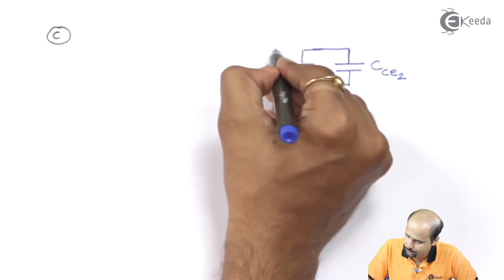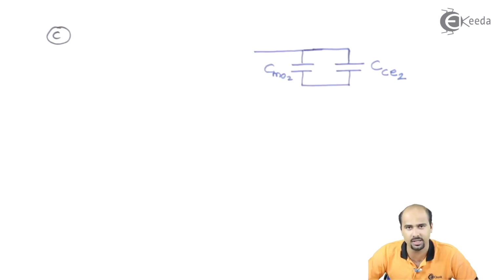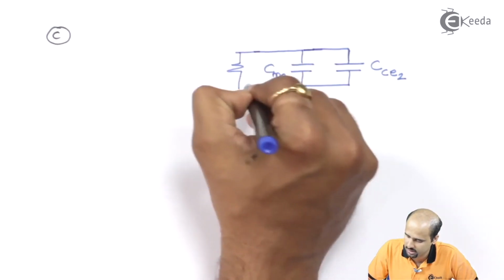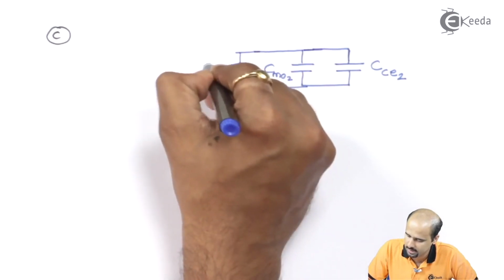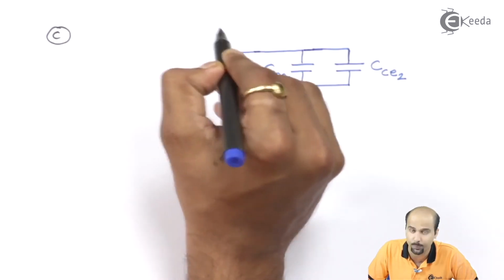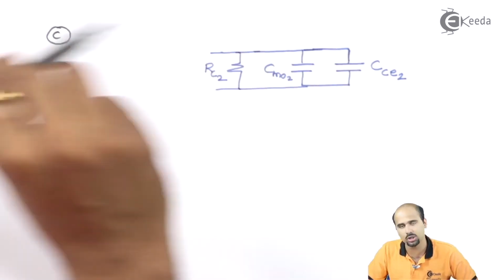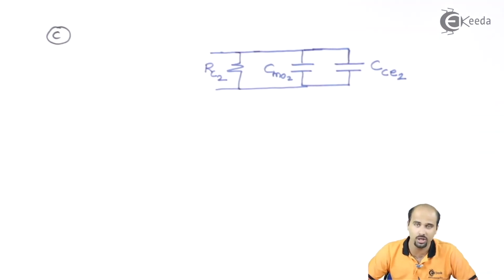And wiring capacitor at the output side, but wiring capacitor is not there. Again we'll have to check only for one resistor, so only one resistor will be there. You can say that this is RC2. So this is a simple RC circuit we'll be having. No other resistances are there. If load resistance is there, we'll have to place it in parallel with it, right?